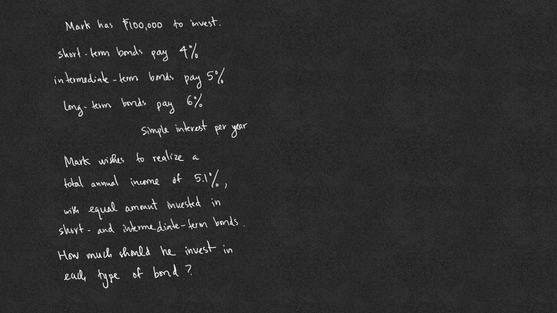There are three types of bonds in this case, so we let X be the amount that Mark invested in the short-term bond. Now, X is not the short-term bond. X is the amount invested in dollars.